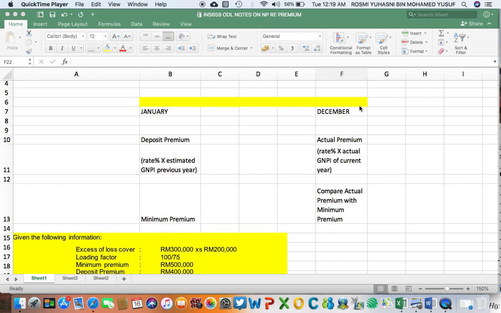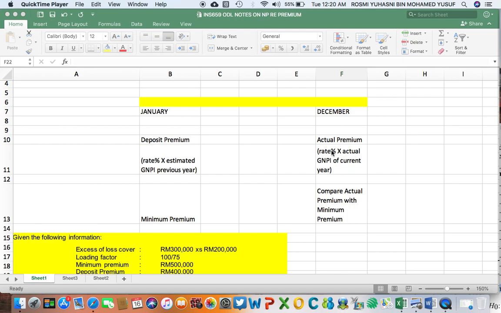At the end of the year, in December, the actual premium for the year is made known. Insurer and reinsurer can only know the actual premium at the end of the year. In order to find out the actual premium, the insurer will apply the same rate that they obtained at the beginning of the year times the actual GNPI for the current year.